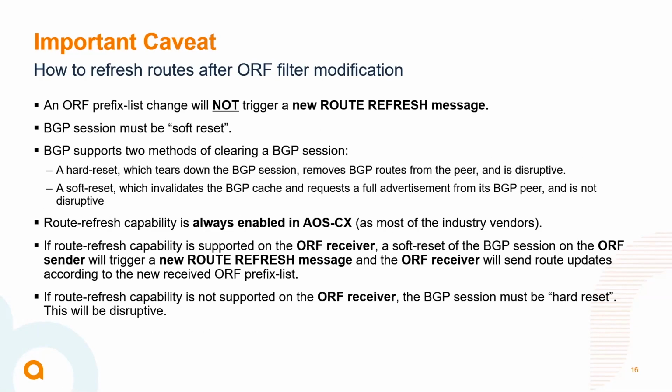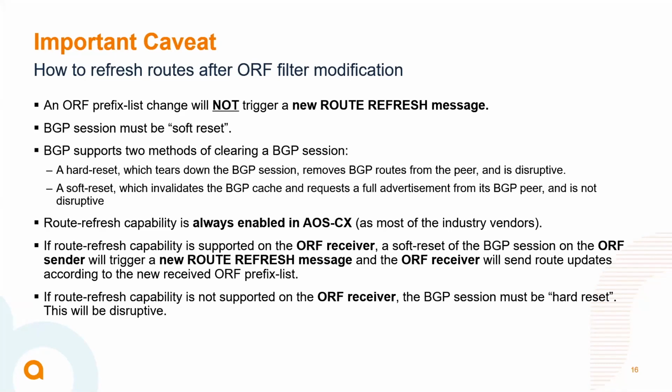BGP supports two methods to reset or to clear a BGP session. You have a hard reset, which is highly disruptive because it will simply tear down the BGP session. So it's a complete TCP socket renegotiation, and you will remove the BGP routes from the peer. Or a soft reset, which will simply clear the cache and request a full advertisement from the BGP peer.